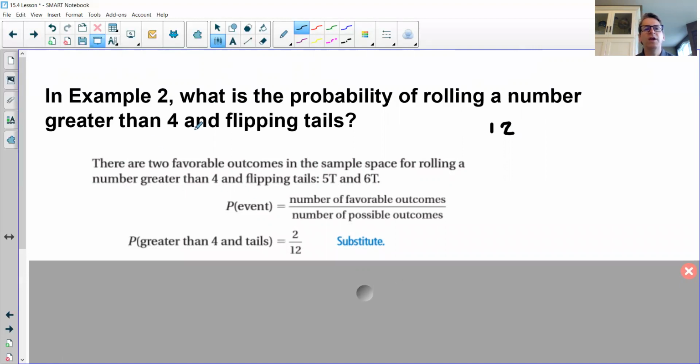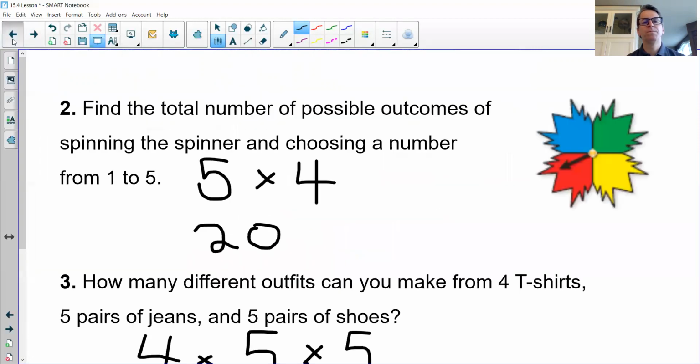Okay, so you've got to think about this. What is the probability of rolling a number greater than 4 and flipping tails? Okay, so the number of times that took place was only 2. The total number of possible outcomes was 12. So if you wanted to go back to, again, we're looking for the probability of rolling a number greater than 4, so 5 or 6, and flipping tails.